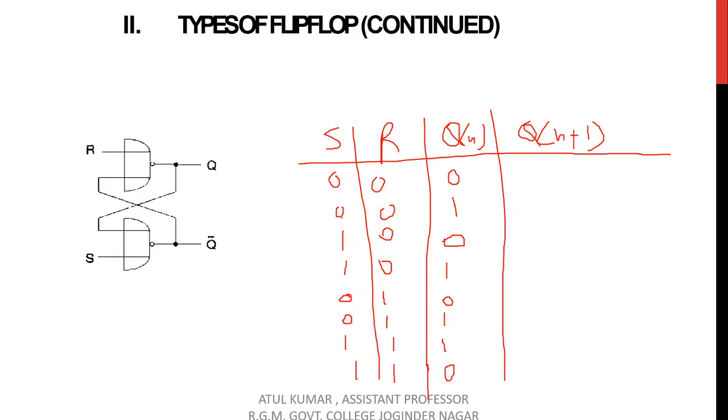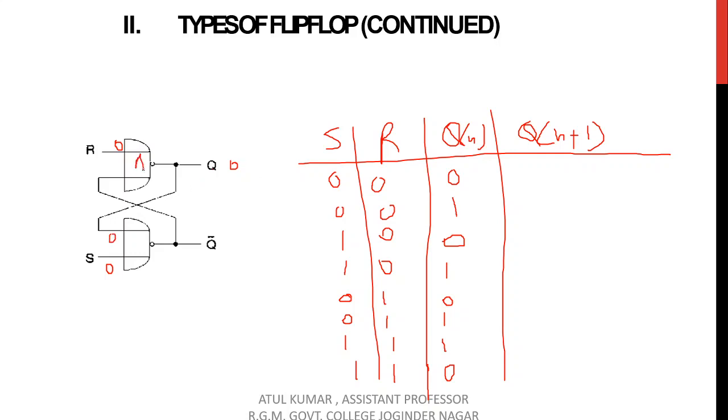Let us see one by one. In the first case, both R and S are 0 and the previous state value Q is 0. Let us see what will be the next state output.